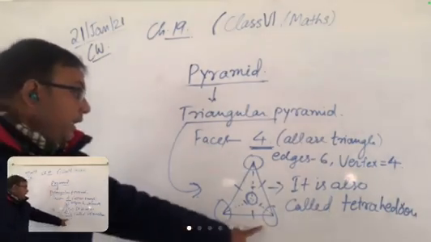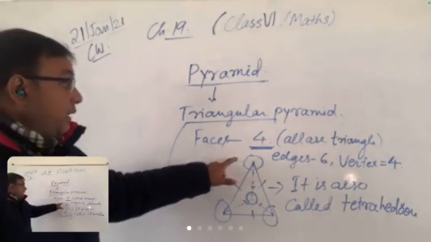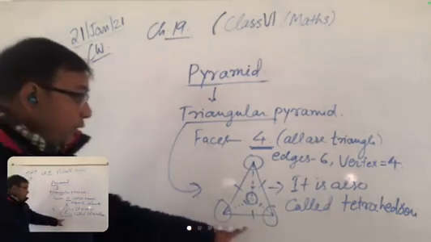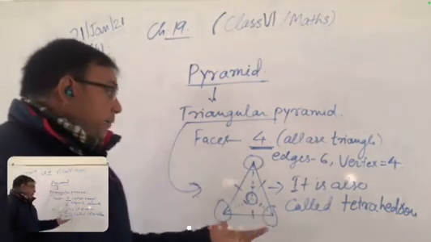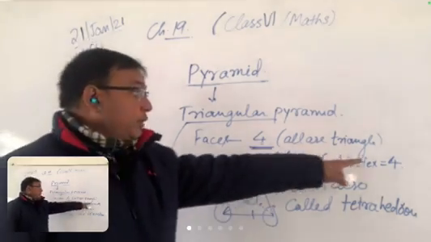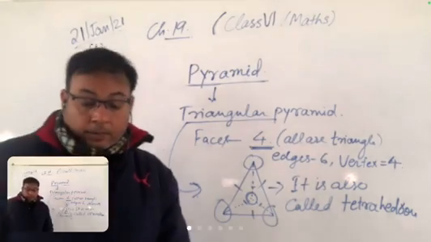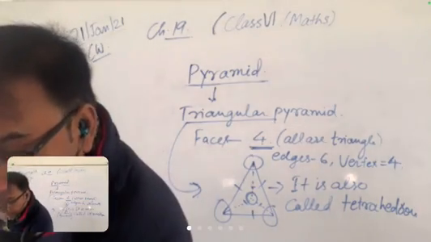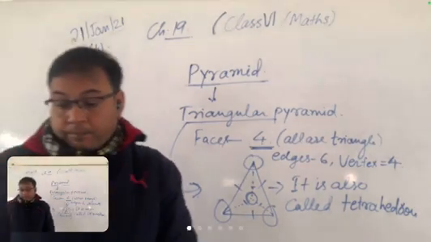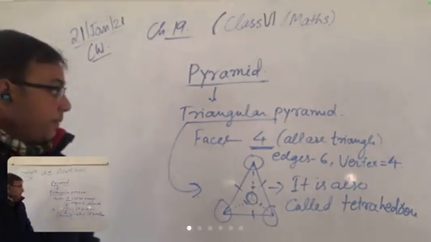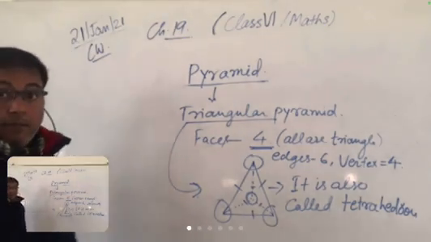Clear? This circle indicates I circled the vertices only. There are 3 at the bottom and 1 at the top, so the vertices are 4. Everyone clear?